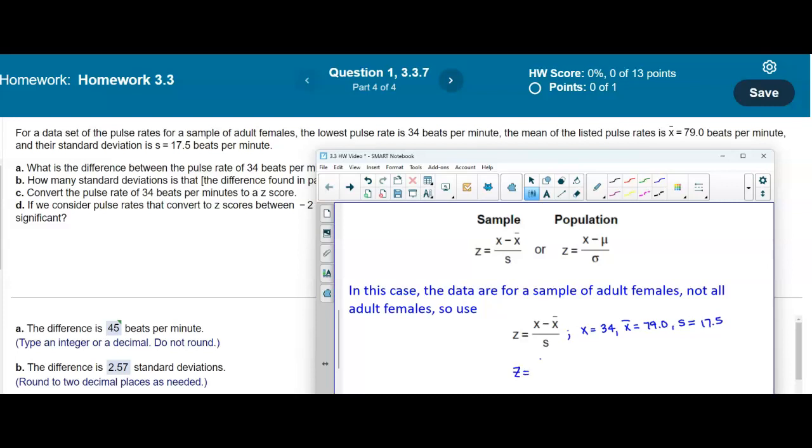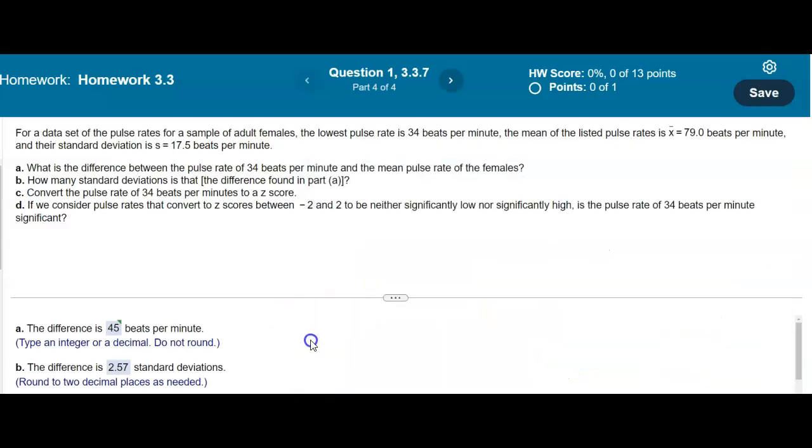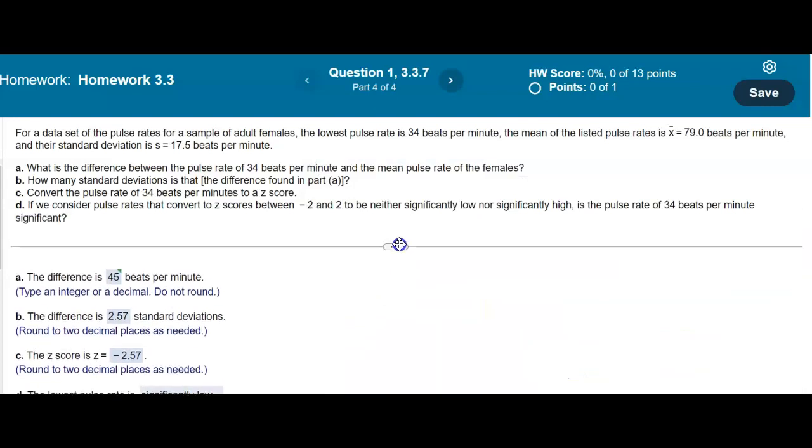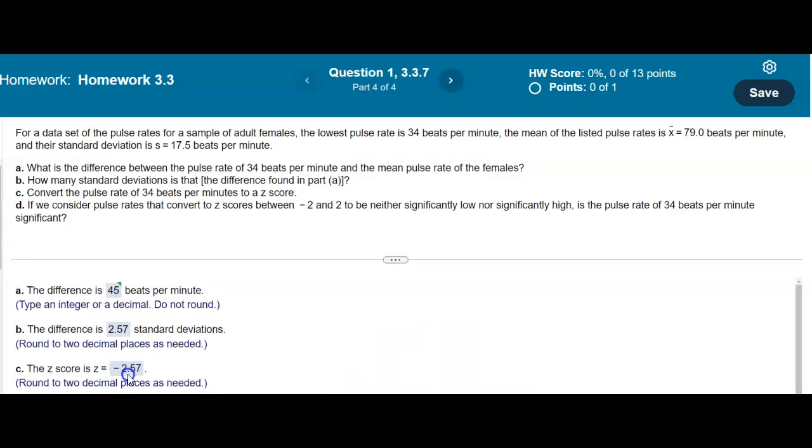So z is going to equal 34 minus the sample mean, which is 79.0, and then we're going to divide that by 17.5. Well, that's going to give us negative 45.0, and then we're going to divide that by 17.5. And so in this case here, we're going to get negative 2.57. Okay, so let's go ahead and check our result. So the z-score is negative 2.57 rounded to 2 decimal places.